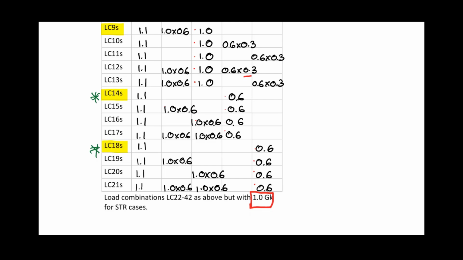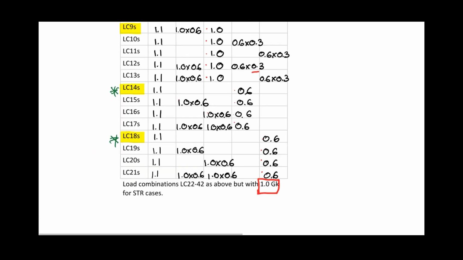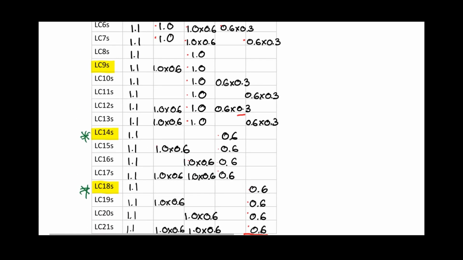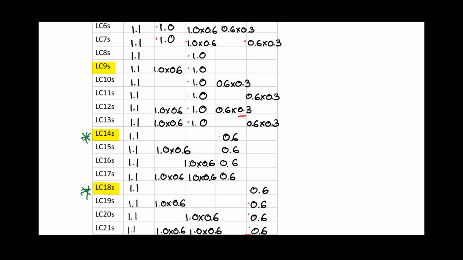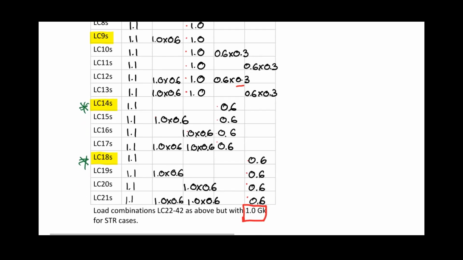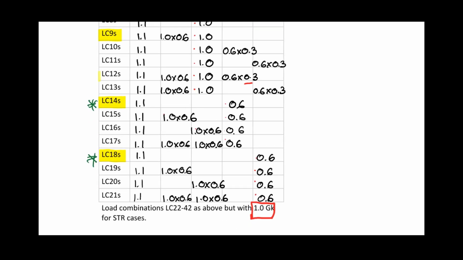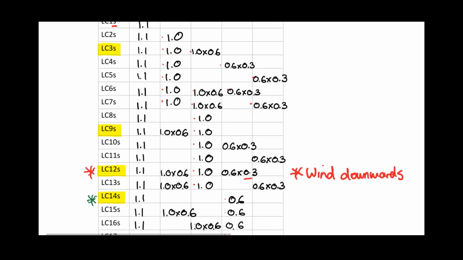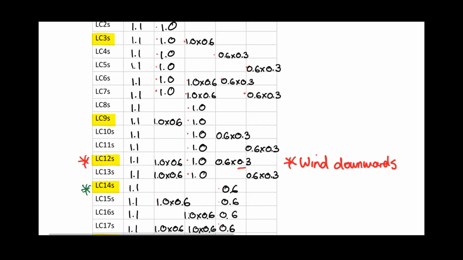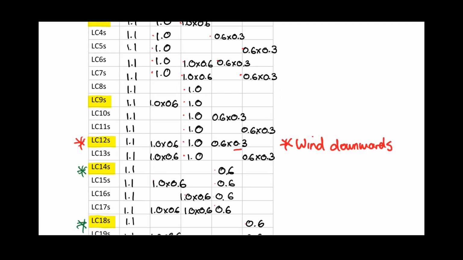If the wind is acting downwards, if you have a load case where the wind is downward, then there are a couple of other ones that could govern. Let's have a look which ones may be. There are various different options. So that would be, for instance, for wind downwards, that would be likely to govern. Or, oops, sorry, I've just highlighted the wrong one, my apologies.